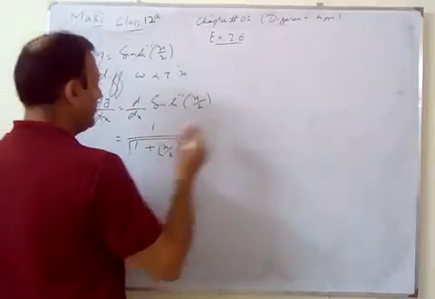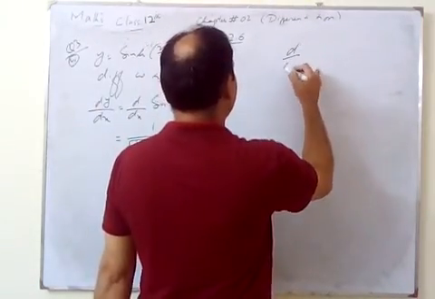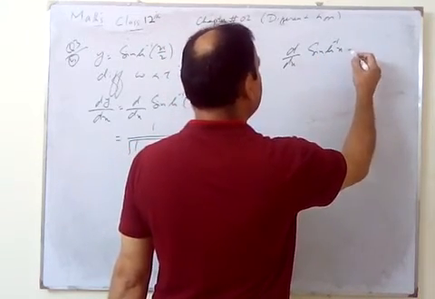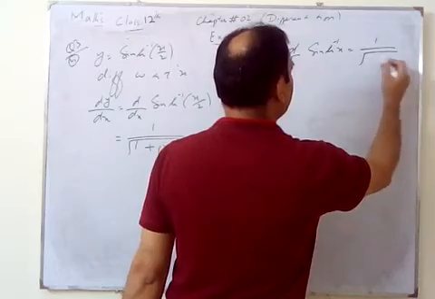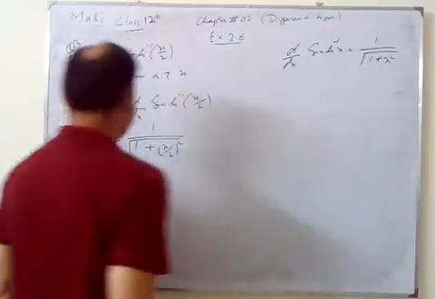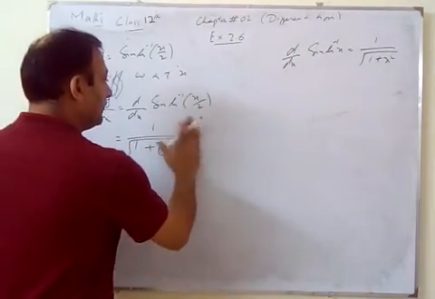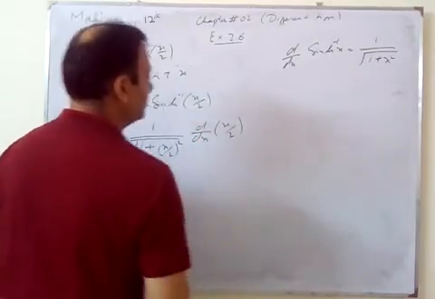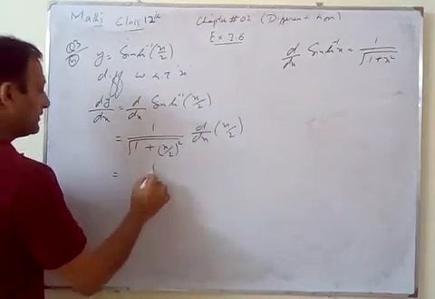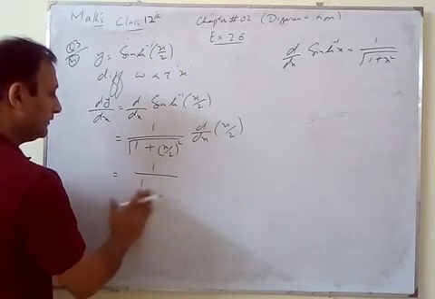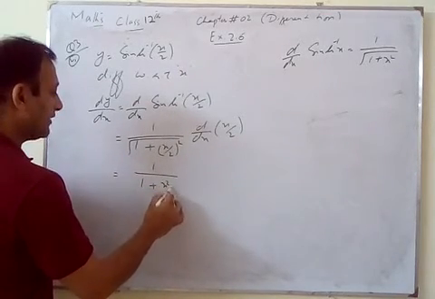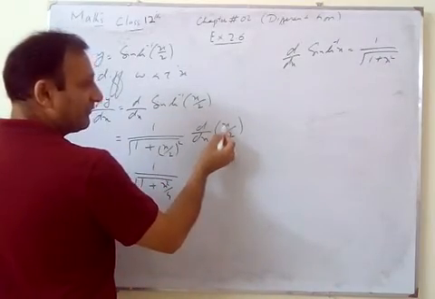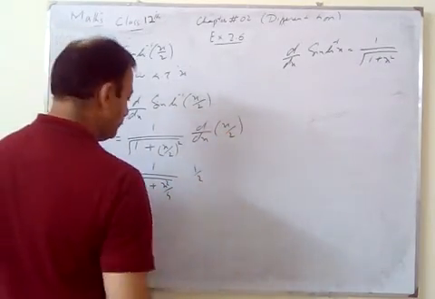Now the derivative of sinh inverse x is equal to 1 over square root of 1 plus x square, into the derivative of x by 2. So this is 1 plus x square over 4, and the derivative of x by 2 is 1 by 2.